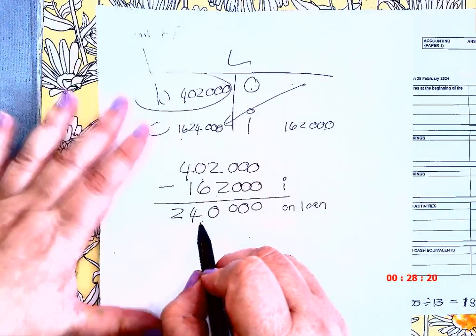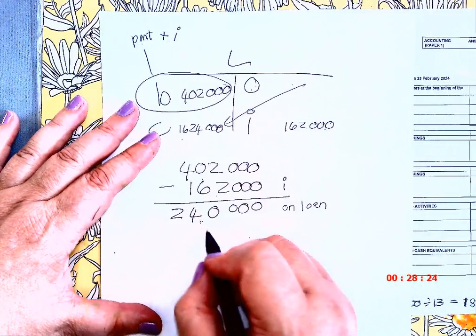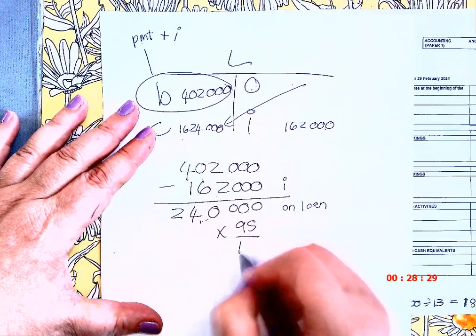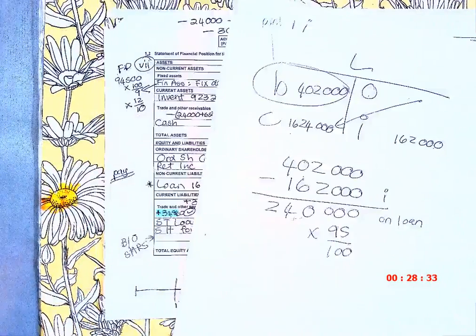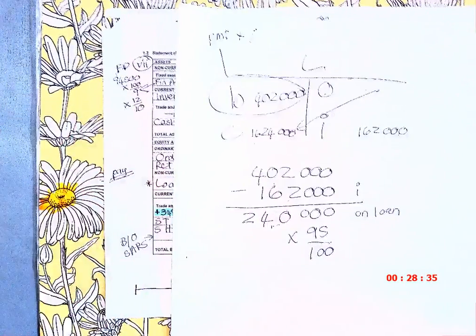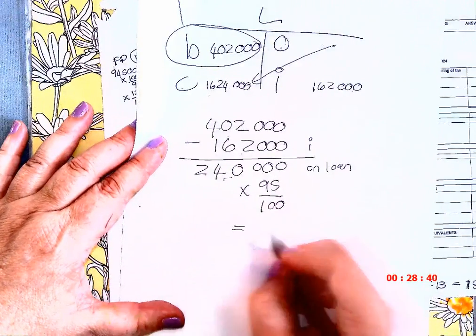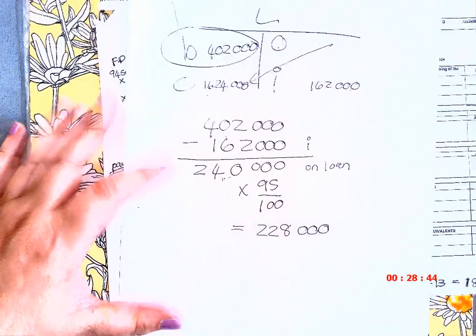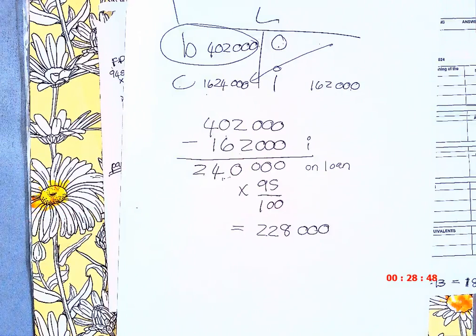Now they tell me that is going to decrease by 5%. So I'm no longer going to pay 100%, I'm going to pay 95%. And this is what they've done here. So 95% of that 240 is going to give me 228. I have to tell you, this doesn't make sense because usually you will pay back 5% more.